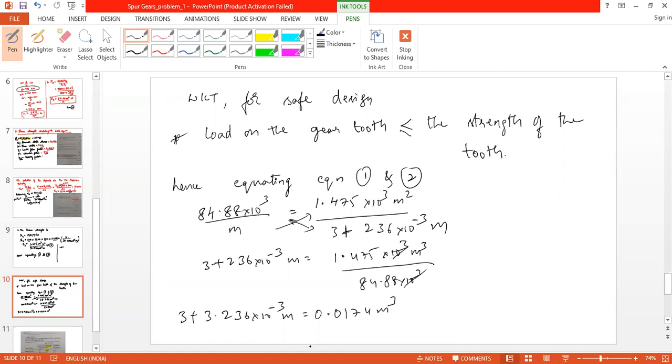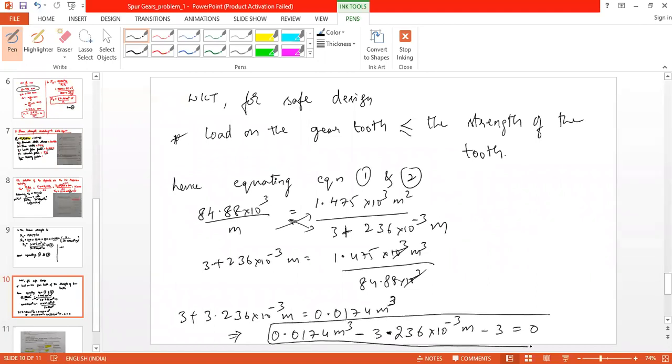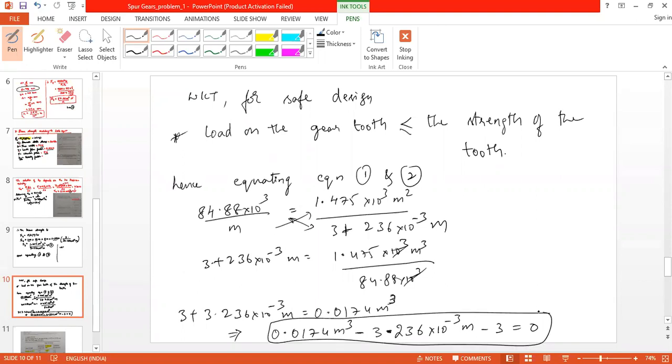How to solve this equation? If you solve this equation, you will get the value of m.